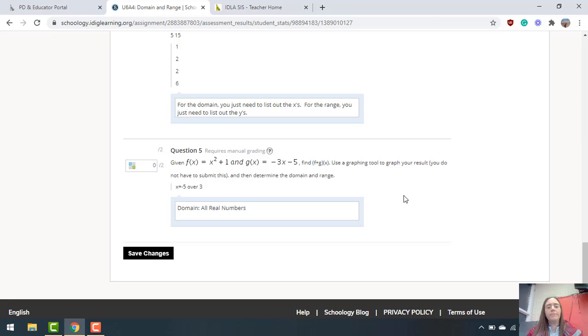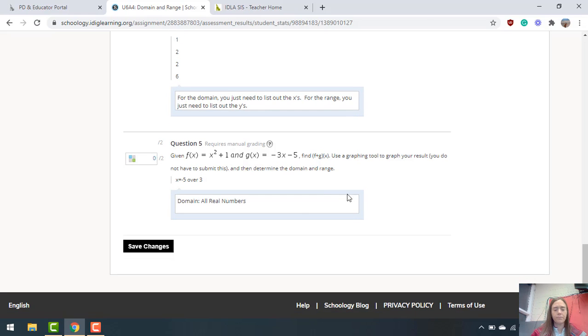On this one, it's a little harder for me to just show you on the quiz, but what you would do is find your domain, sorry, let me start over. You would add these two together, which is the first thing it tells you to do, so it has f plus g of x.